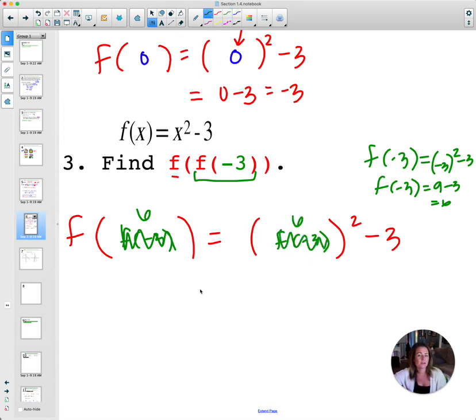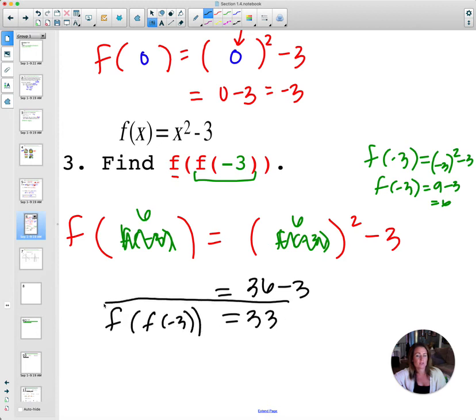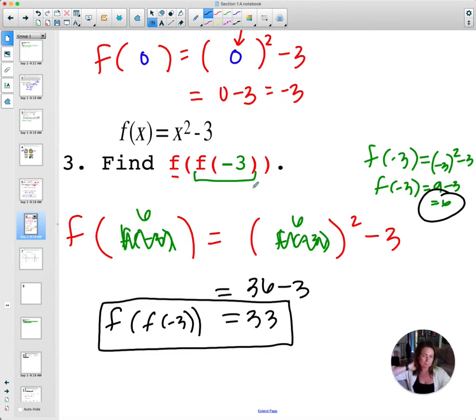And then simplify. 6 squared is 36, minus 3 is 33. So plug it into the f function, get your answer, and then plug it back into f. Take that and put it right back into the f function. So work your way inside out.